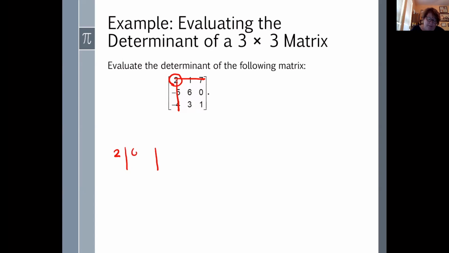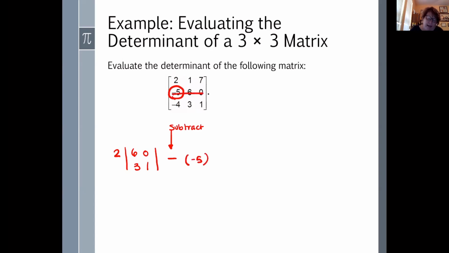So I have 6, 0, 3, 1. Then I'm going to subtract. You have to subtract the second one. Now I'm going to go down to the second element in the first column, -5. Write that down.